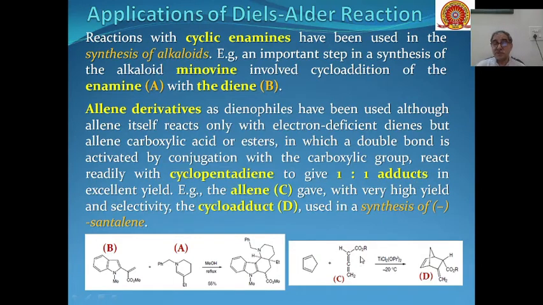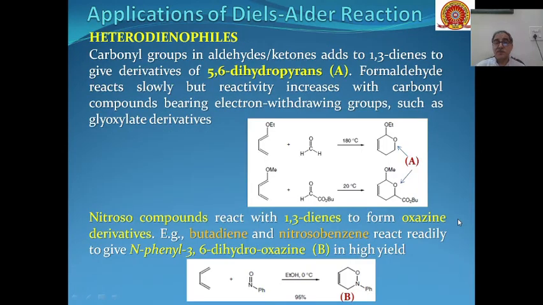For example, here you can see that in this allene, one of the hydrogens has been replaced by ester group, and this on reaction with cyclopentadiene gives us this cycloadduct, which is used in the synthesis of centrolene, which is an important organic compound. So allenes can also act as dienophiles. Then is heterodienophiles.